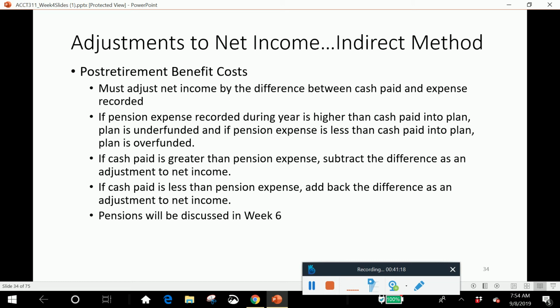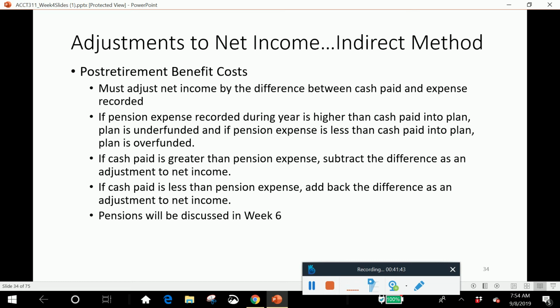Post-retirement benefit costs. So here we have to adjust net income by the difference between the cash paid and the expense recorded. So if pension expense recorded during the year is higher than the cash paid into the plan, it is underfunded, and if pension expense is less than cash paid into the plan, it is overfunded.